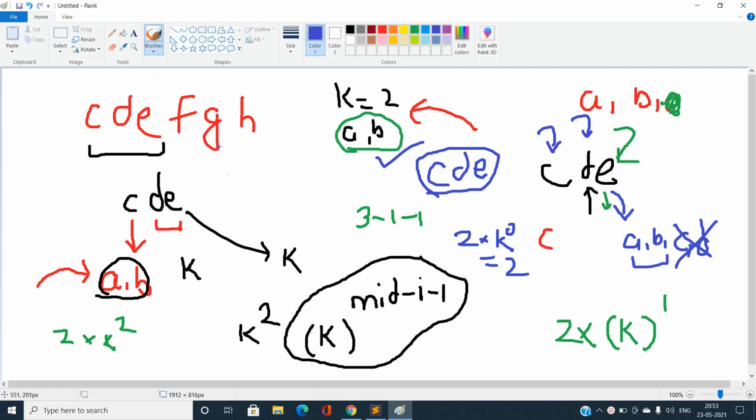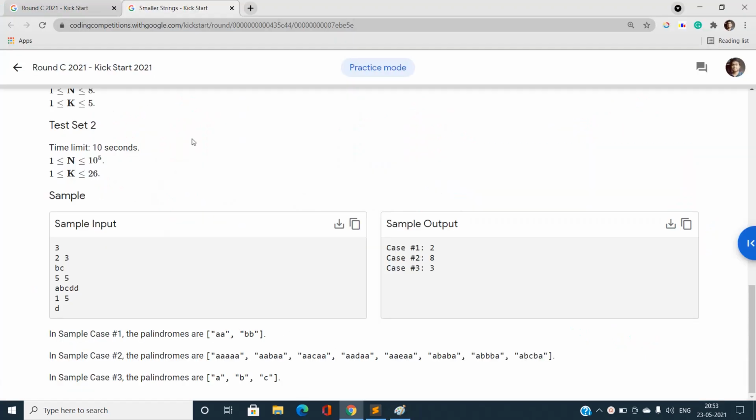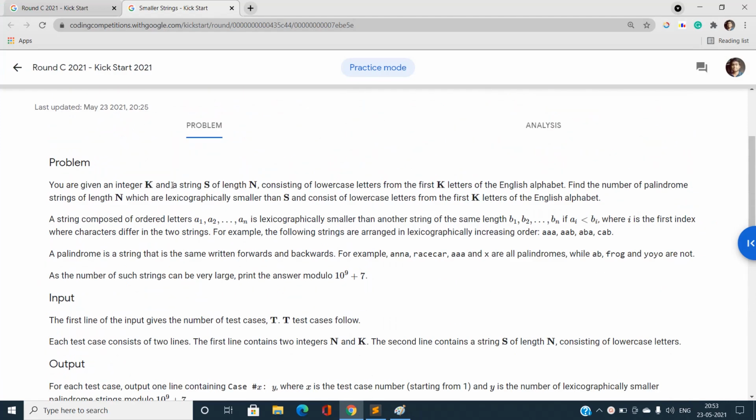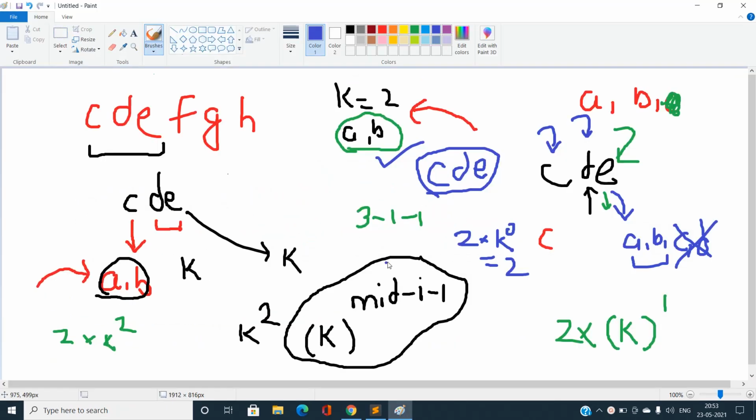Okay, now this is going to be really, really important. How is this going to be really important? If you focus on the constraints, string s of length n already consists of lowercase characters from the first k letters of the English alphabet. So it means that I've just taken a wrong constraint over here. Don't worry, since this string would already consist of the characters among the first k letters.